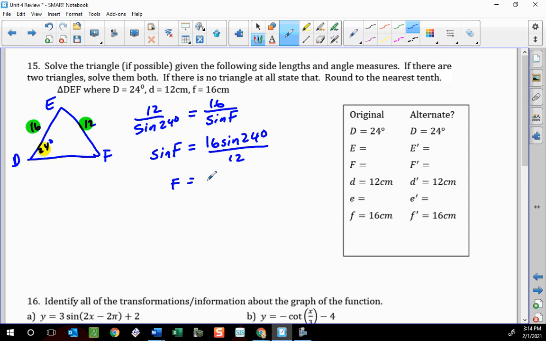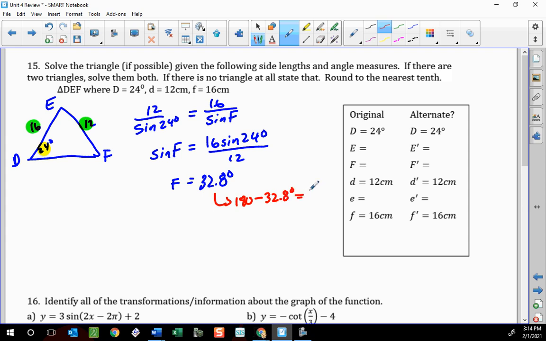Okay, so 16 sine 24 divided by 12 gets me 0.542. I'm going to do arc sine of that answer, and that's 32.8 degrees. So the alternate is always going to be, if it exists, 180 minus that 32.8 degrees.